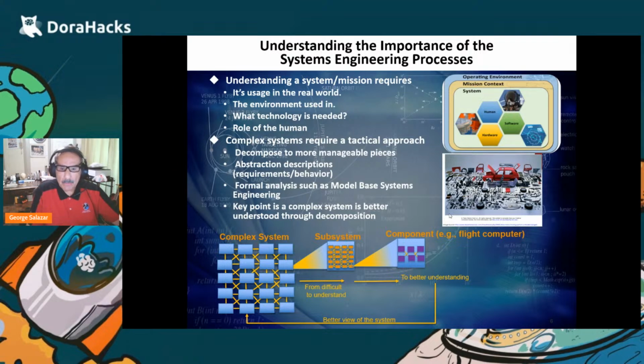And of course, all that has to come together collectively to represent the complex system. And of course, the complex system has a certain behavior that we're shooting for. So all the subsystems, the components, and everything collectively come together to make that complex system operational and successful.